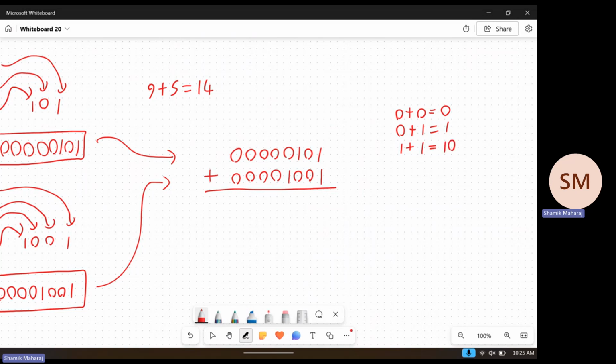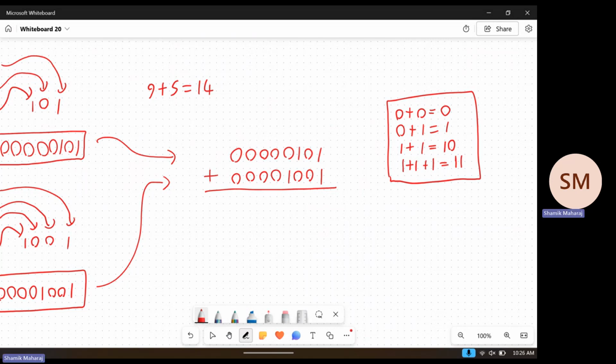And 1 plus 1 plus 1 is going to be 10 plus 1, which is 11. So these are the only 4 things that can happen when we add in binary. So using this, let's see if we can add these numbers together using our old-fashioned method of adding.